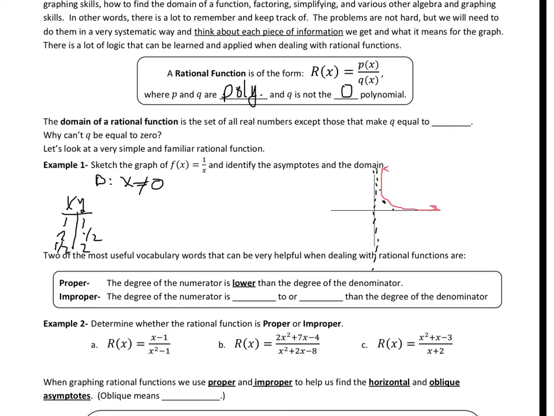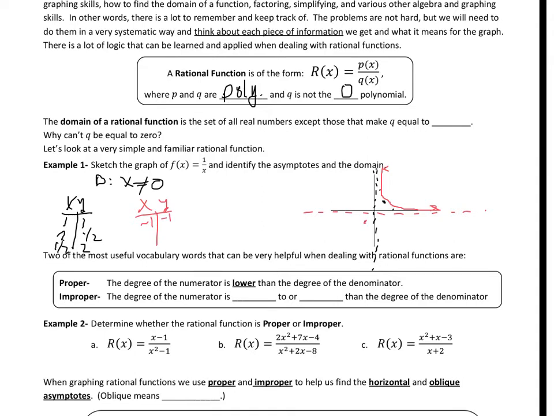Will y ever get to 0? There's nothing I can put in to make y 0, right? So guess what y equals 0 is? Another asymptote. Good. Now, if x is -1, what's y? -1.